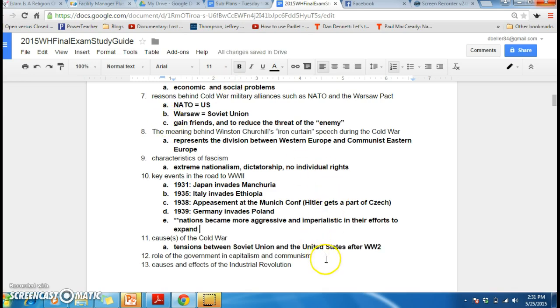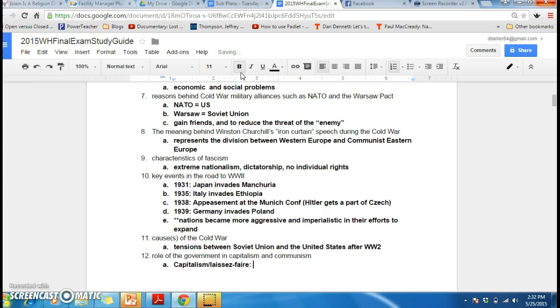Alright, the role of government in capitalism and communism. We're talking about two economic policies here, economic theories. With capitalism, remember capitalism, there's a difference, but I always throw capitalism and laissez-faire in the same boat.